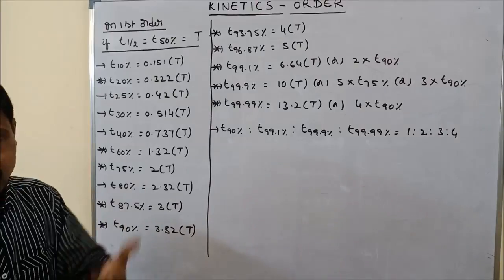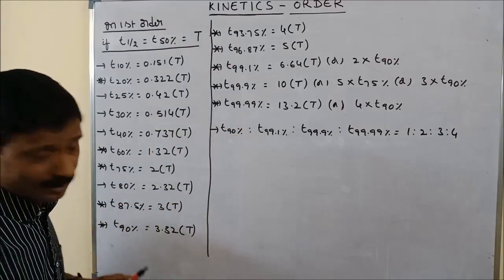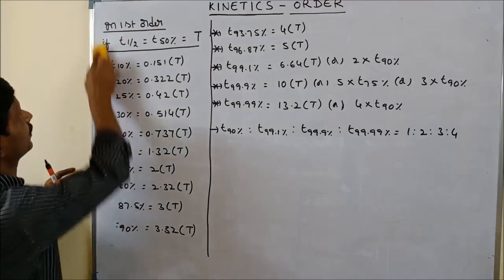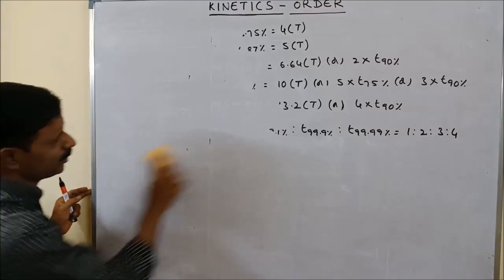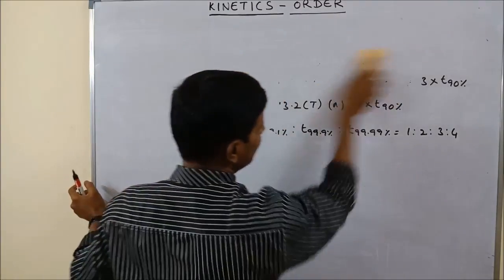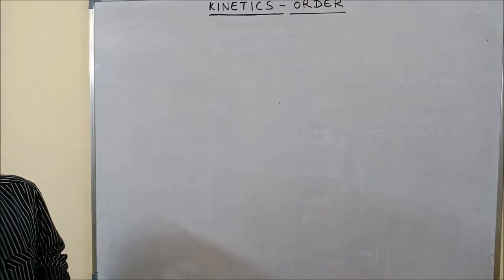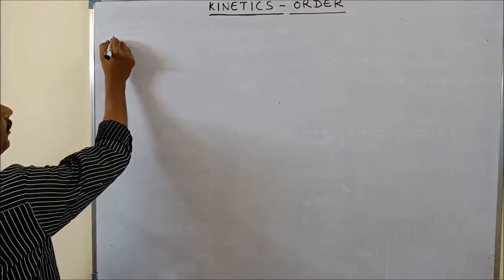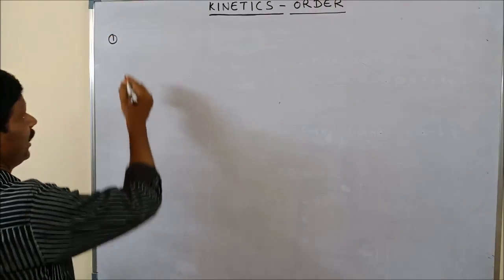And now, as I said in the previous class, we will go for the graphical analysis related to the order, means in kinetics. For that, as you know, we have one important theory, that is collision theory. According to that collision theory, there is one important analysis, which they used to give in the form of a graph.